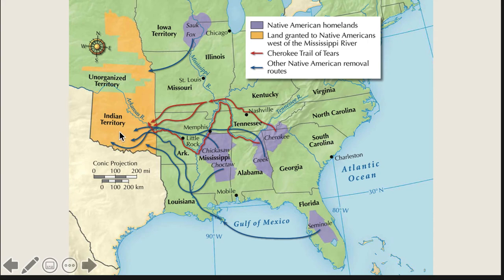I know it looks like a lot of territory, but you're taking many different backgrounds and pushing them to live all in one place, which is creating a place for disaster when you're putting all of these people who have been wronged and they don't necessarily like each other out in the West and just kind of saying, okay, here you go.